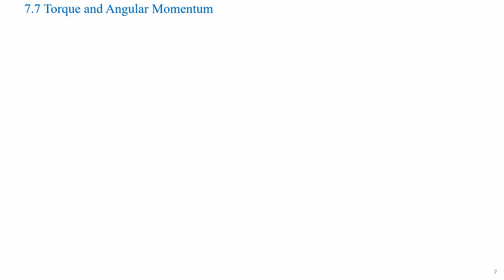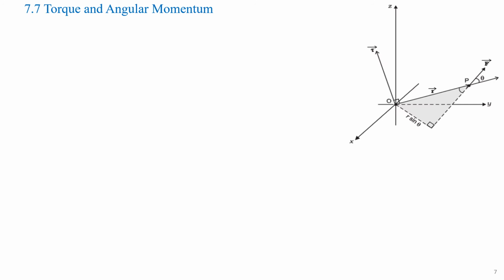The theory of torque is explained using the figure shown on the right hand side of your screen. Here x, y and z are the three mutually perpendicular axes meeting at the origin O. R is a position vector of length OP. P is a particle in the body.